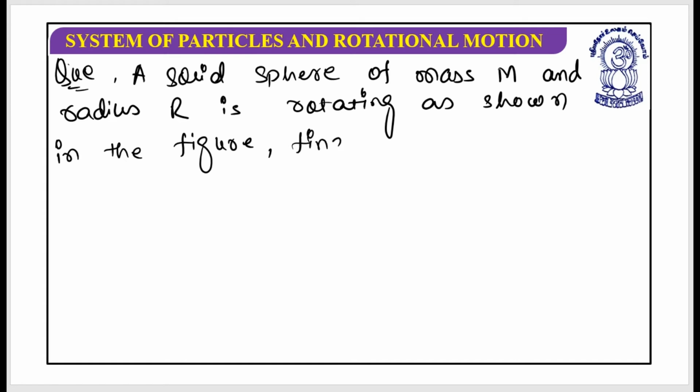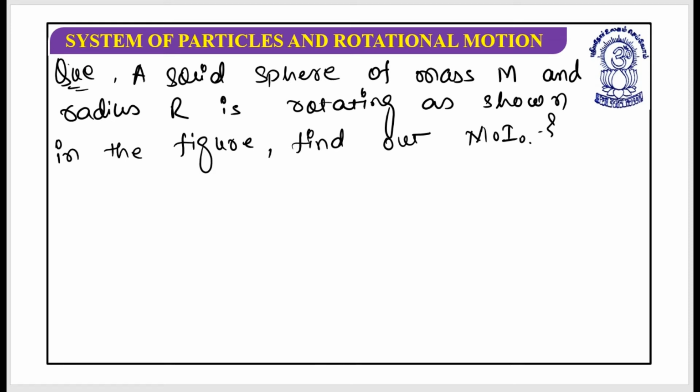Find out the moment of inertia. Yes, it's a moment of inertia. So what I need to find out is the moment of inertia. How will I do this?